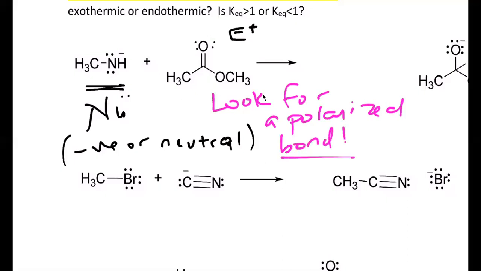I'm looking for a polarized bond as my electrophilic site, or the site where the reaction is going to take place. I have a huge dipole here between carbon and oxygen. There's a dipole towards oxygen that makes oxygen partially negative, and carbon partially positive. So that's what I'm looking for.